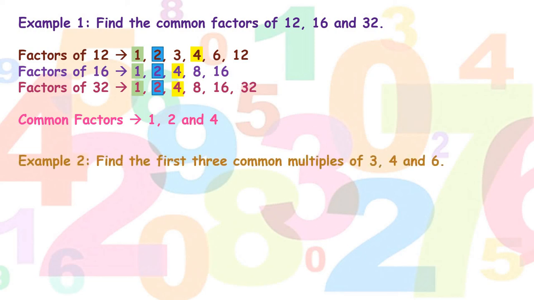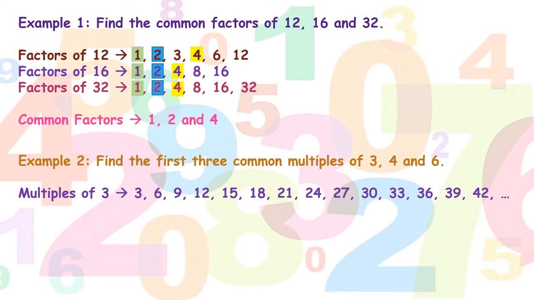Next, find the first 3 common multiples of 3, 4 and 6. So write the multiples of 3 first. 3, 6, 9, 12, 15, 18, 21, 24, 27, 30, 33, 36, 39 and 42.